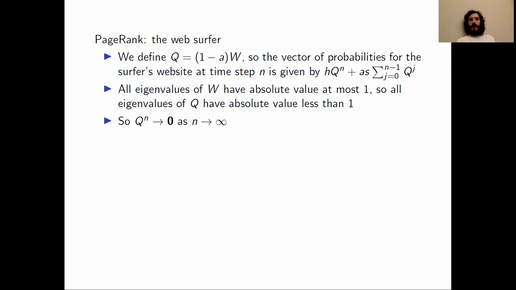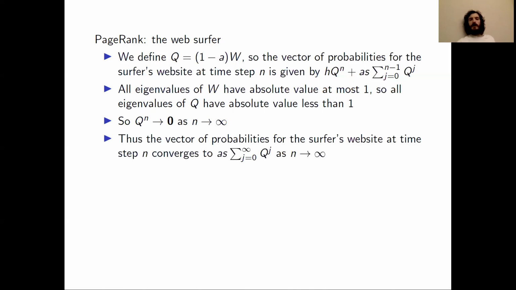This tells us that as n goes to infinity, Q to the n converges to the 0 matrix. This implies that H times Q to the n also converges to the 0 matrix. So the vector of probabilities at time step n, as n goes to infinity, converges to AS times the sum j equals 0 to infinity of Q to the j.